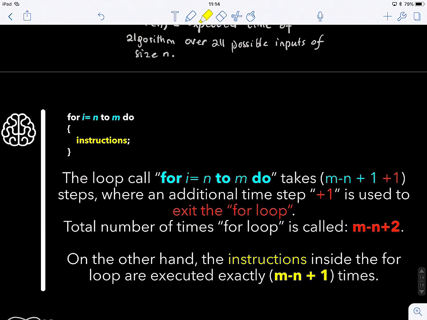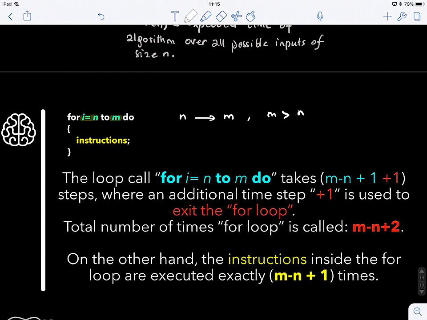This is an important rule for you to remember, because we're going to see for loops in many algorithms. So here, we're looping from i equals n to m, so we're going from n to m, counting numbers. Of course, m is larger than n.